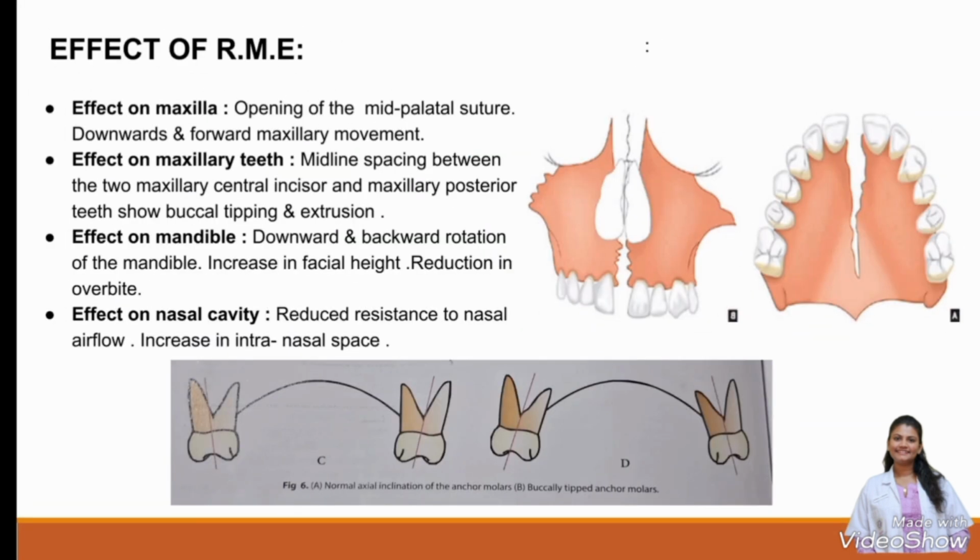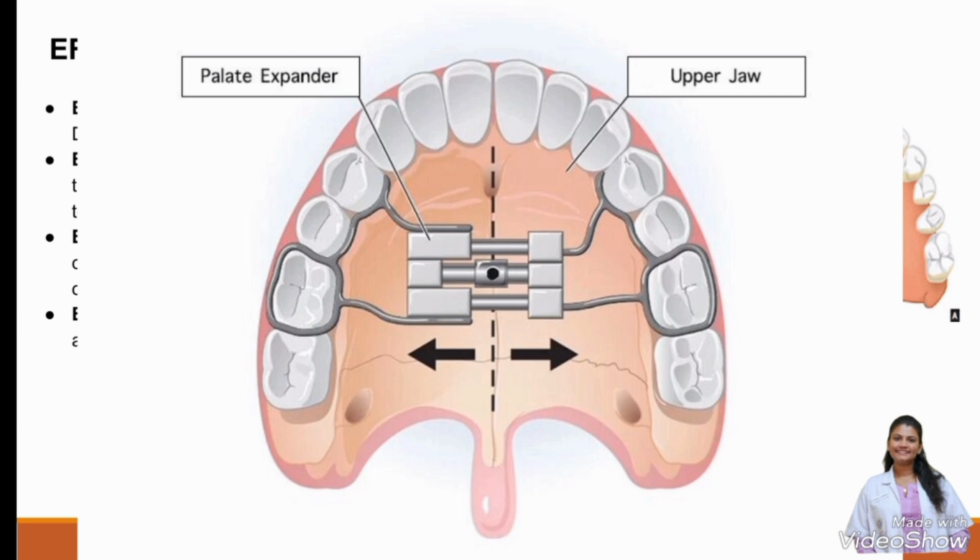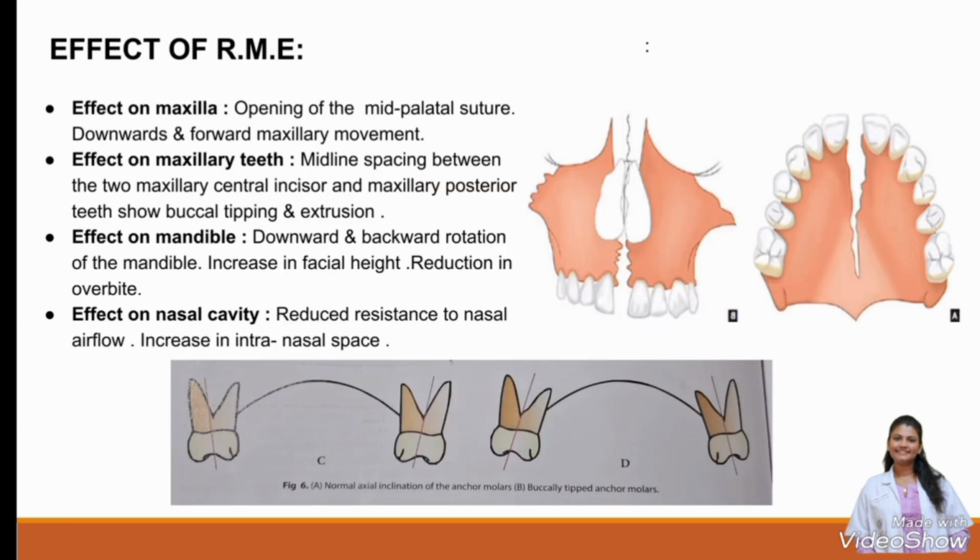Now we will see effects of RME on maxilla, maxillary teeth, mandible, nasal cavity. First, effect on maxilla. On maxilla, there will be opening of mid-palatal suture and there will be downward and forward movement of maxilla.